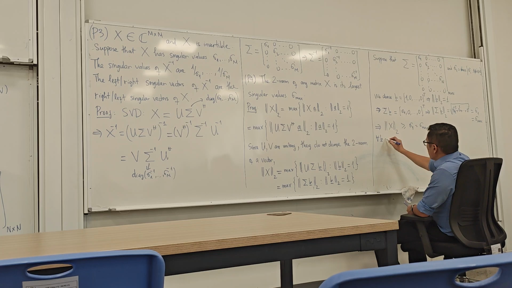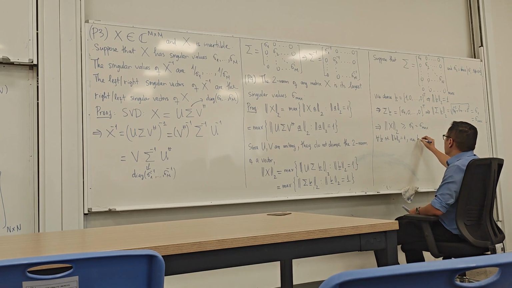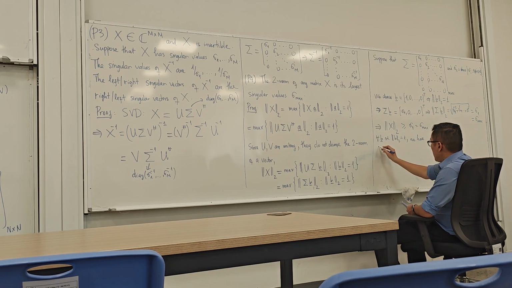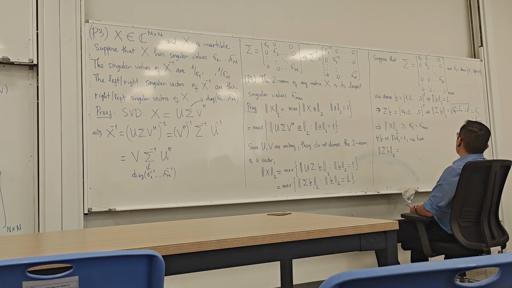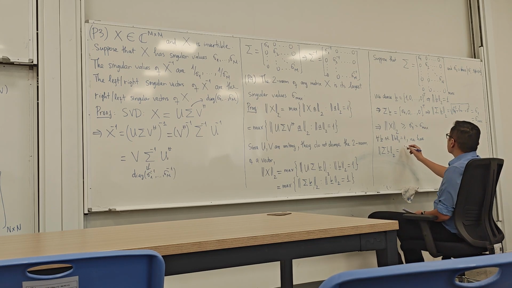Now, for all b such that the L2 norm of b equals 1, we have the following. We have the L2 norm of sigma b. What is the L2 norm of sigma b equal to? Let me do the calculation. I take sigma and write it again here. I have sigma 1, 0, and so on, 0, 0.